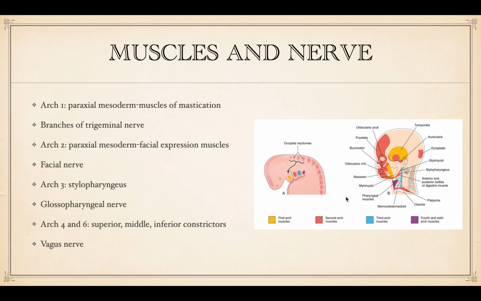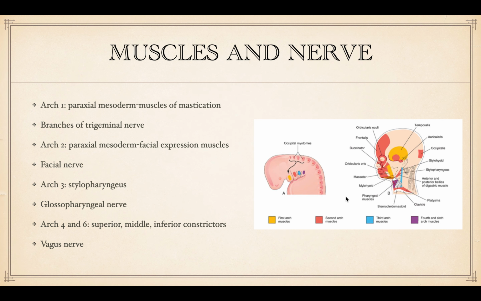Then arch 3 will make the stylopharyngeus muscle, and it's also going to make the hyoid bone, and it's innervated by the glossopharyngeal nerve.